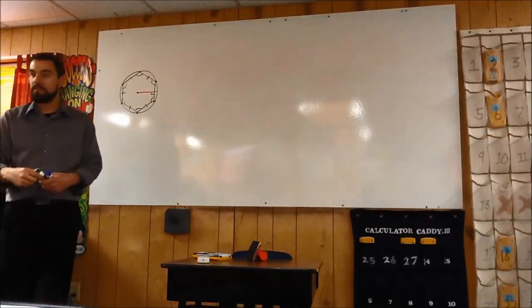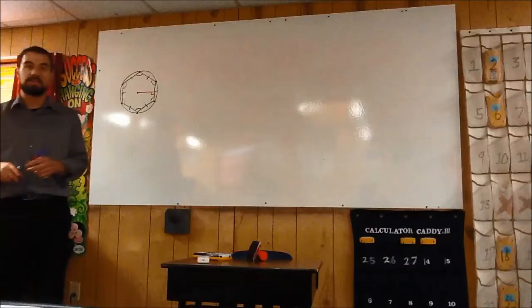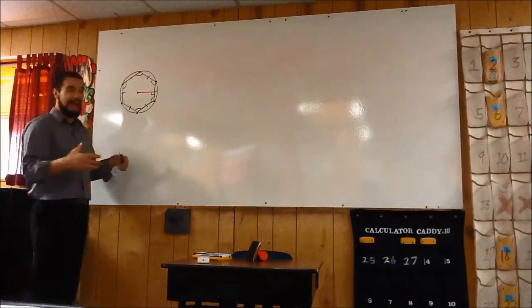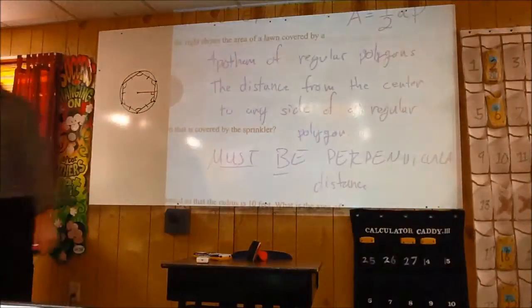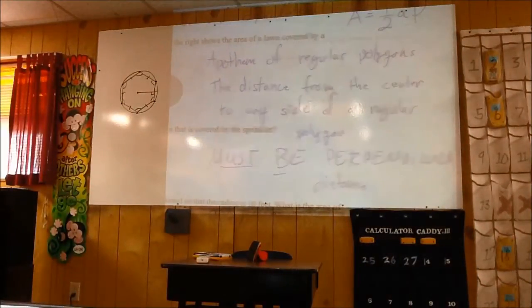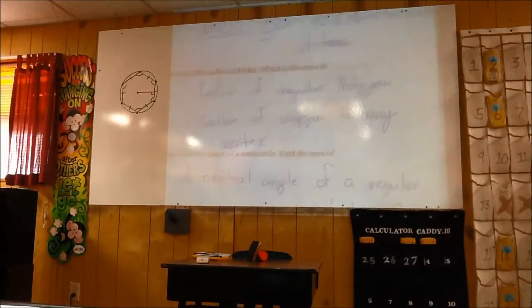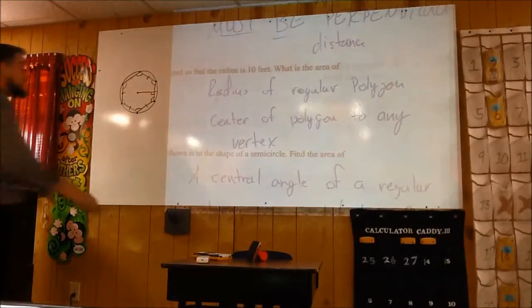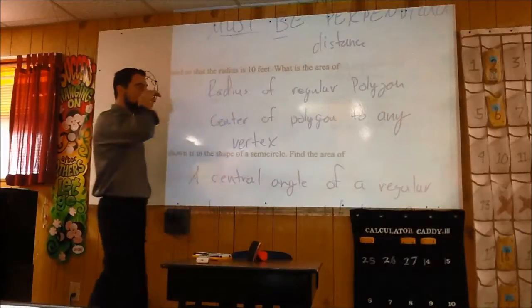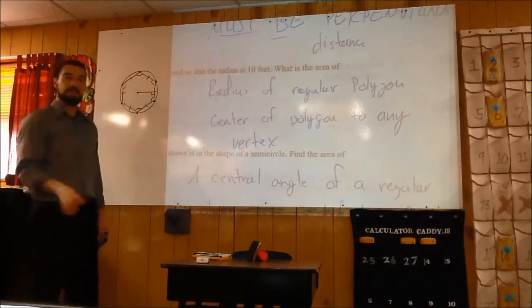There's also another special segment that we wrote down last class, and it was the radius. These regular polygons have radii, and we wrote down in our notes that the radius of a regular polygon is a segment that connects the center of that regular polygon to any of the vertices.